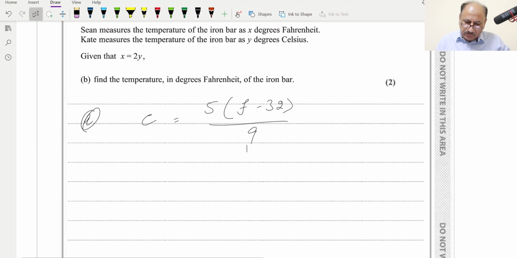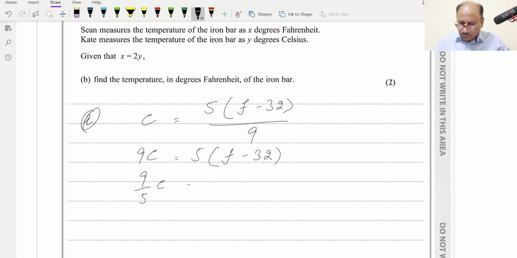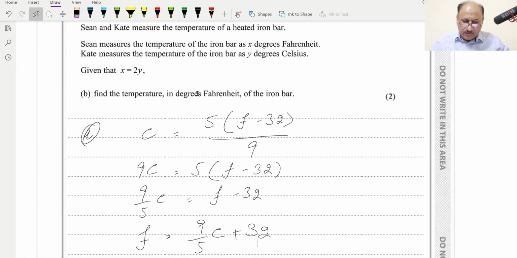So 9 we can shift to this side, so 9C will be equal to 5 into (F minus 32). 5 also we can shift to this side, so 9 over 5 C is equal to F minus 32. In the next step we can shift this minus 32 to the other side, so F will be equal to 9 over 5 C plus 32. This will be the answer for part A.